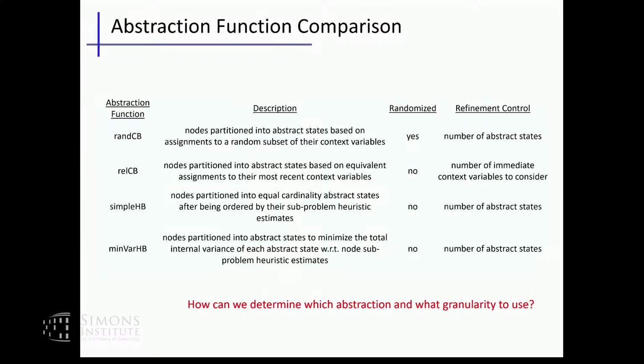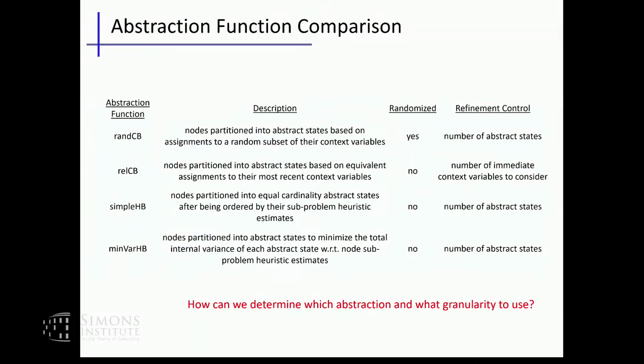But we would have too many abstract states, and we didn't do anything. But we can relax the constraints, select a subset of variables to partition, and we can also randomize and select a hash function over the context. These are two of the main abstractions that we use that are based on the context.